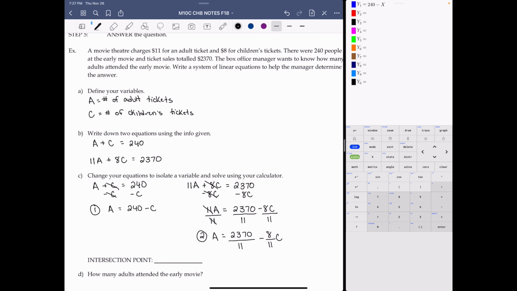Second one, if you can enter fractions as fractions, enter them that way. If you can't, use brackets and the divide. So bracket 2370 divide 11 close bracket minus bracket 8 divide 11 close bracket and then x. But if you can do fractions, then do fractions.